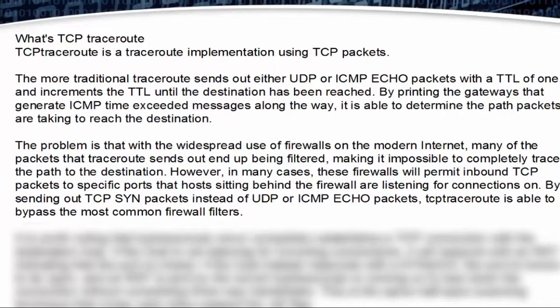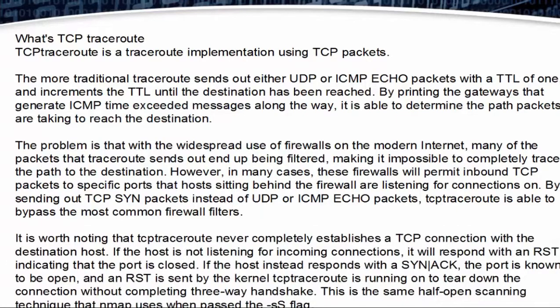By sending out TCP SYN packets instead of UDP or ICMP echo packets, TCP traceroute is able to bypass the most common firewall filters. It is worth noting that TCP traceroute never completely establishes a TCP connection with the destination host. If the host is not listening for incoming connections, it will respond with an RST indicating that the port is closed.